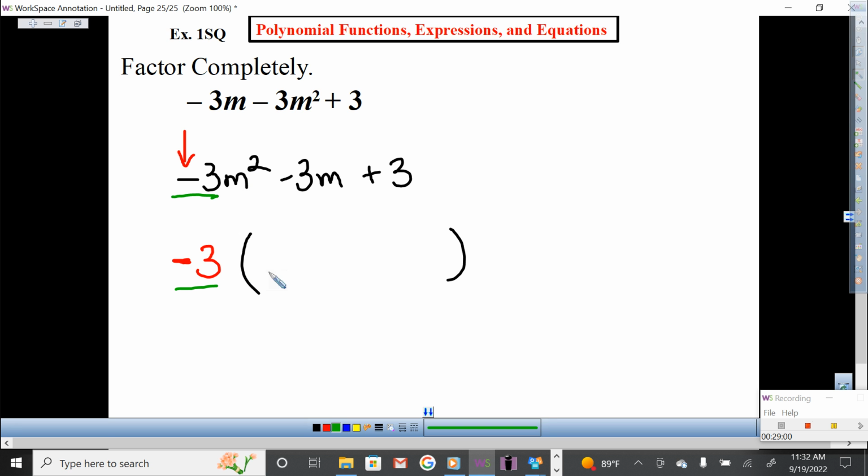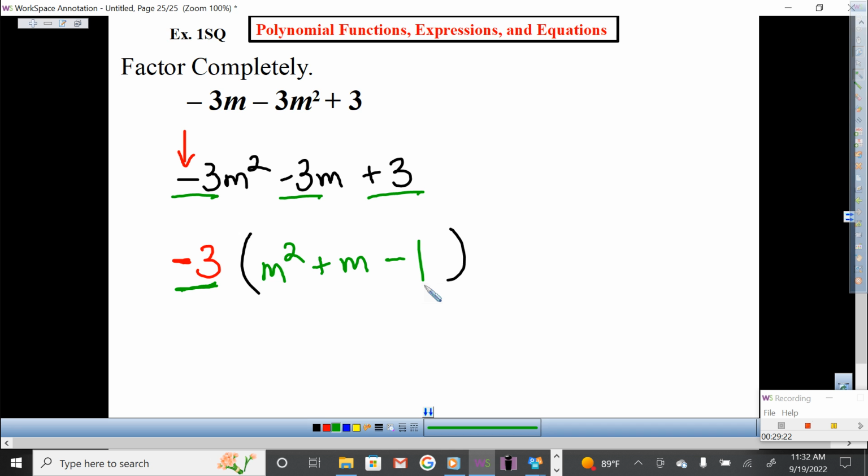Positive 1, so we're left with m squared. Go to the next term. What is negative 3 divided by negative 3 again? Positive 1m. What is positive 3 divided by negative 3? Negative 1, and we're done.